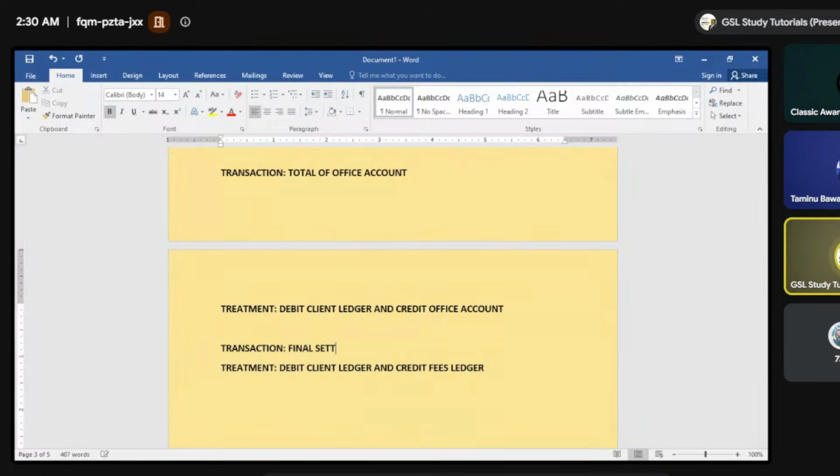Final settlement made by the clients to the law firm: we are debiting main cash book and then we'll credit client cash book.